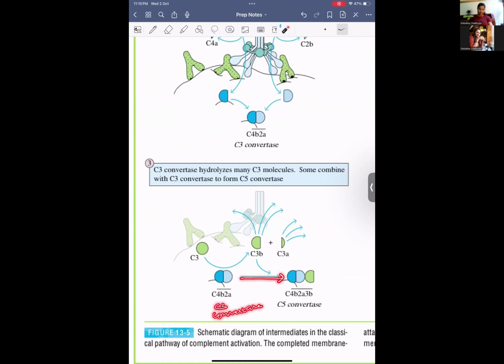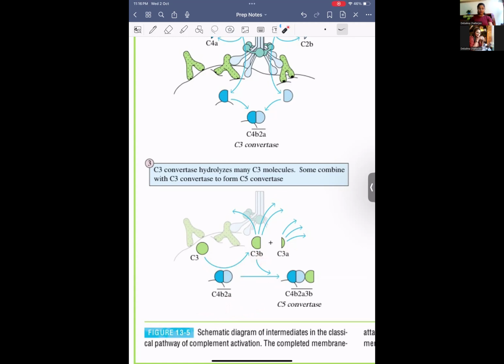In its presence, multiple C3 molecules get cleaved. So this is in a way an amplification step: we have an enzyme formed here that acts upon multiple complement proteins.